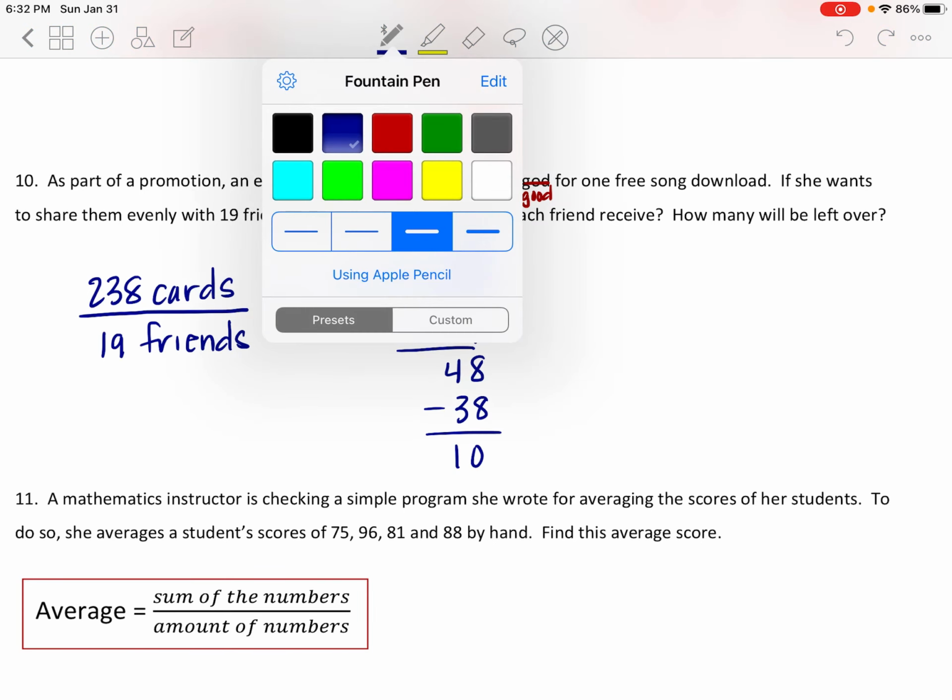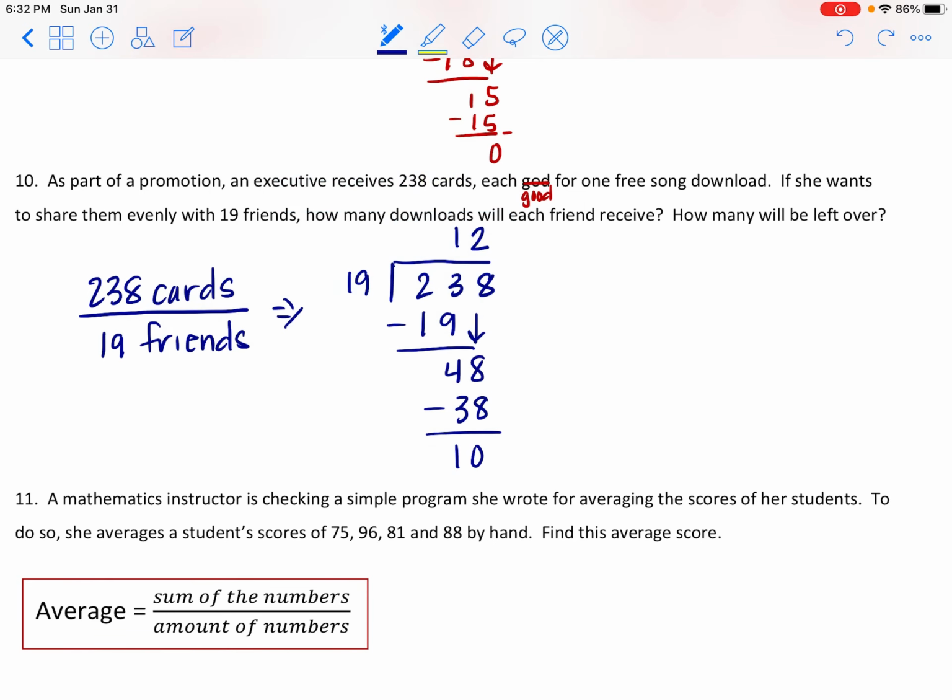So there it is. So we went in evenly 12 times. That means each of the 19 friends can get 12 of those cards for downloads, but there are 10 left over she won't be able to distribute because she only has the 10 left and 19 friends.